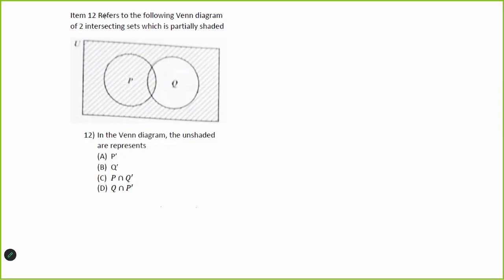Item 12 refers to the following Venn diagram of 2 intersecting sets, which is partially shaded. Anybody seeing that shaded? Okay. So this would be not Q complement, because if we look inside here, it's shaded. Not P complement, so it would not be this, not this.